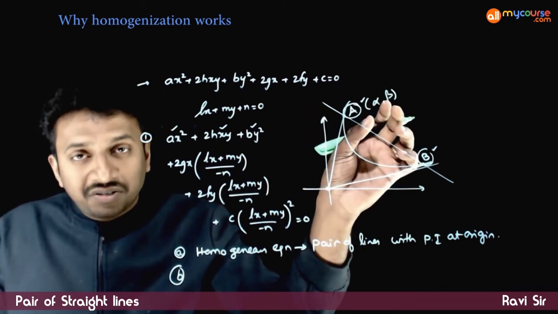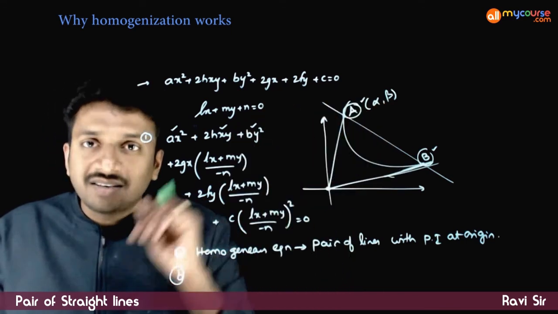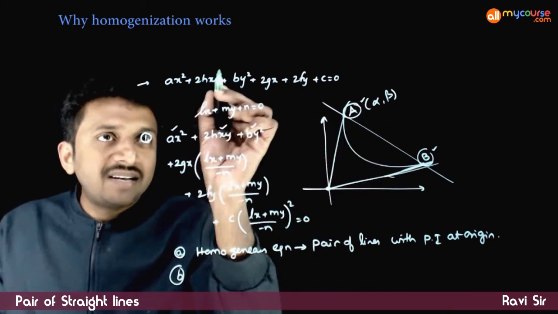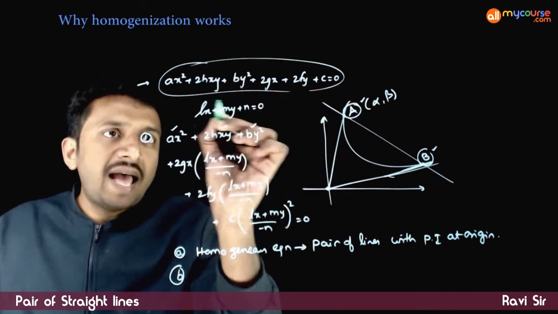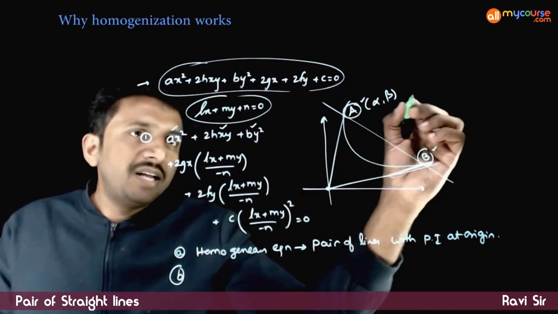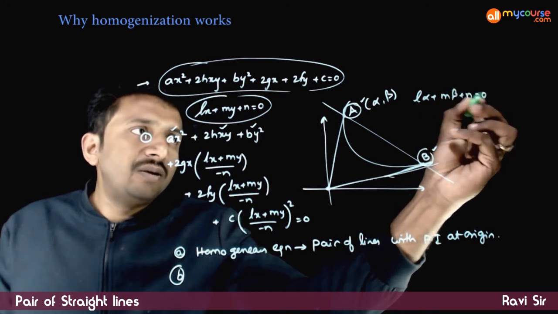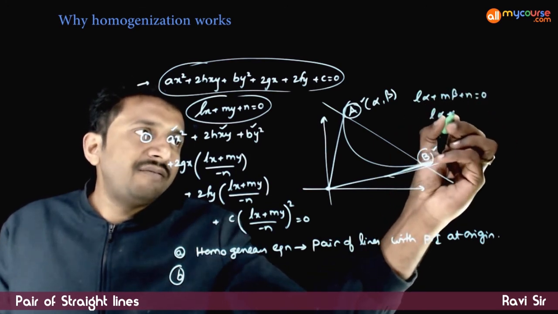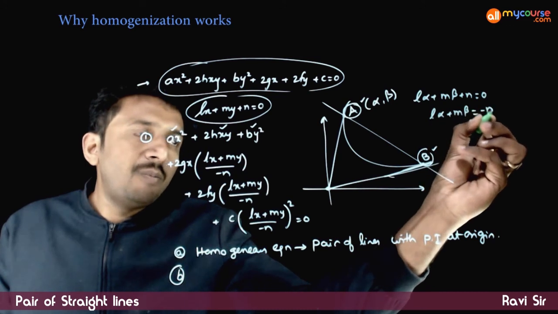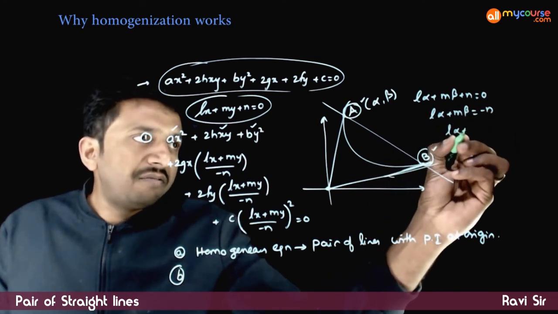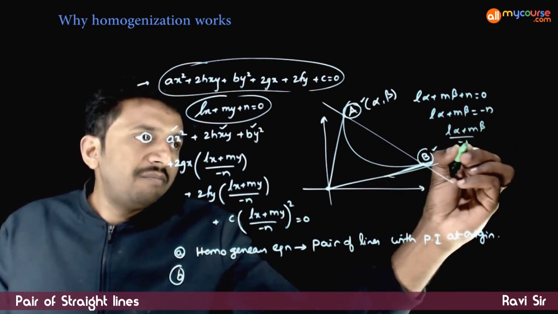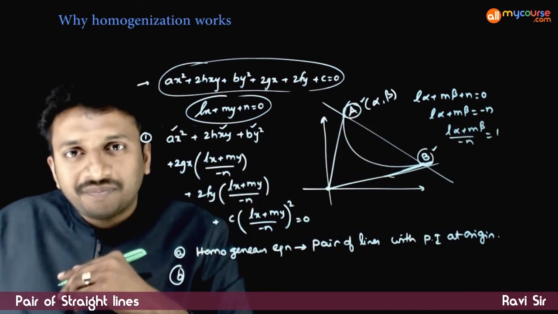Now if this point alpha comma beta is the point of intersection of the curve as well as the line, that means alpha comma beta satisfies this equation as well as this equation. That means l alpha plus m beta plus n is equal to 0. This implies l alpha plus m beta is equal to minus n, so (l alpha plus m beta) by minus n is equal to 1.